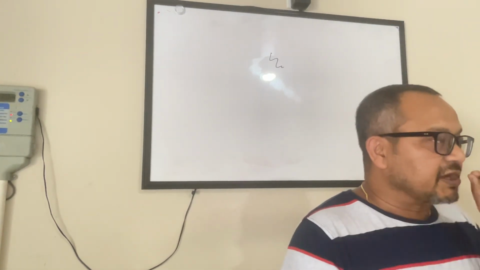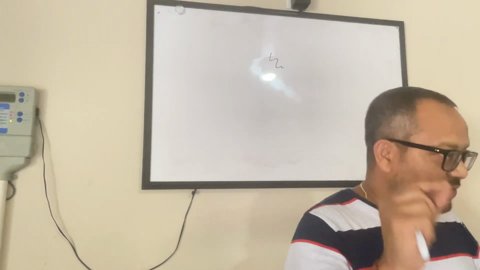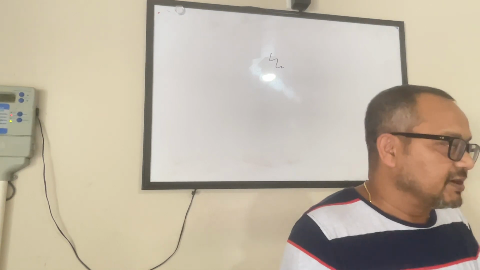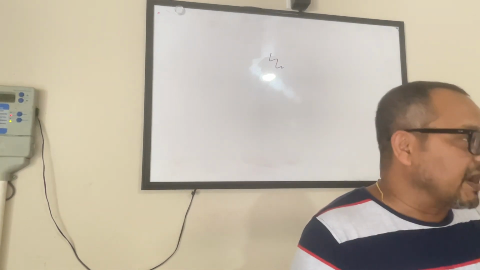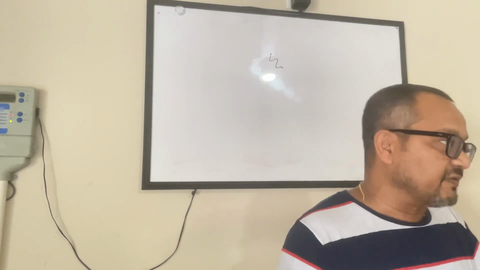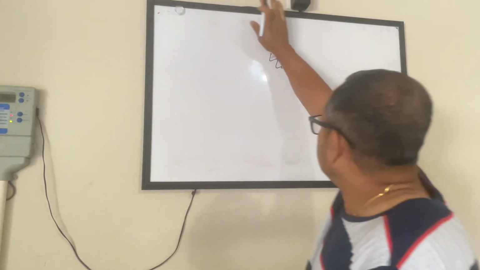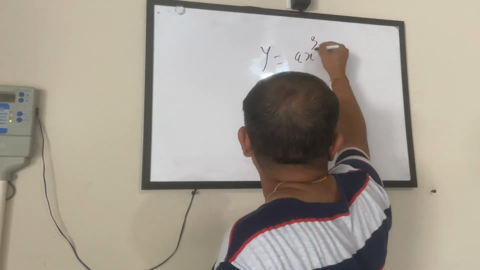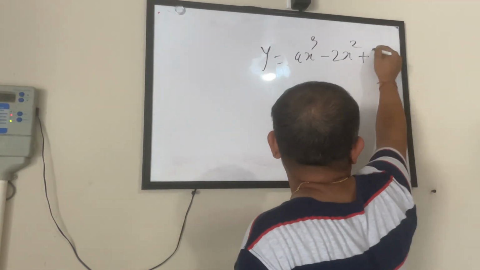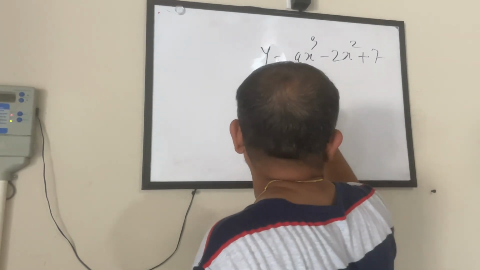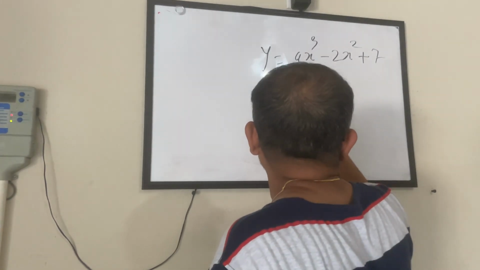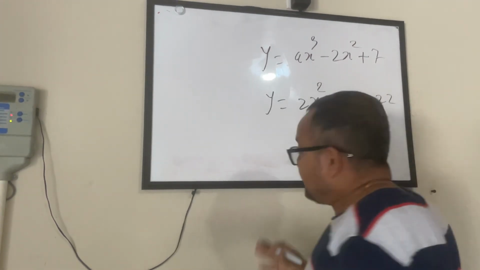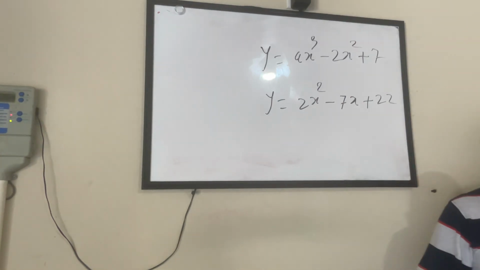So when we say quadratic equation, we simply mean an equation with y and x, where the maximum power to the variable is 2. So if I am saying y equals ax cubed minus 2x squared plus 7 and y equals 2x squared minus 7x plus 22, which one among these two is a quadratic equation?